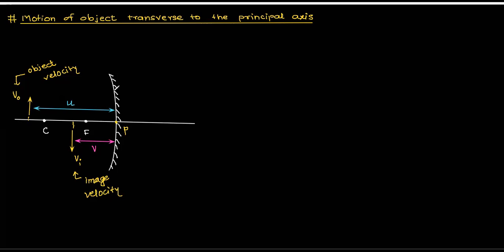Keep it in mind. Now, if I want magnification, what is the magnification formula? Magnification m is equal to hi by h naught, and this is equal to minus v by u.